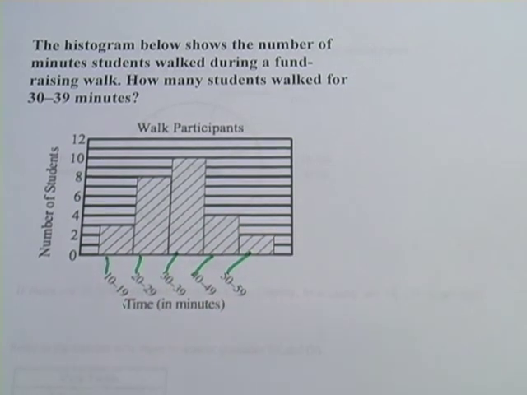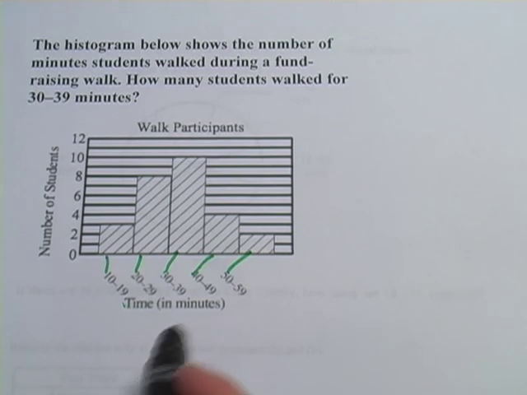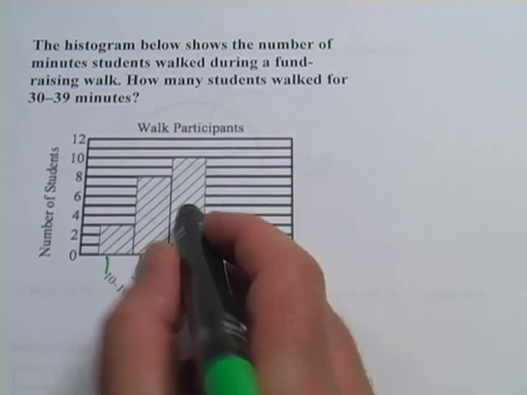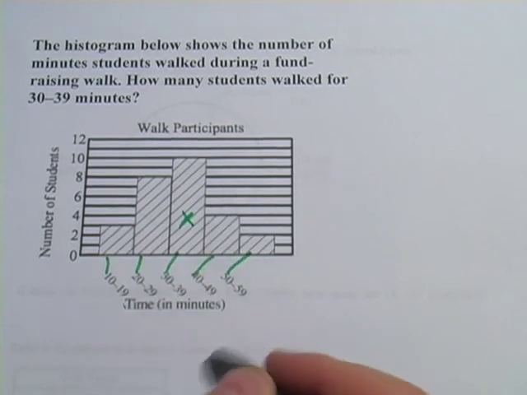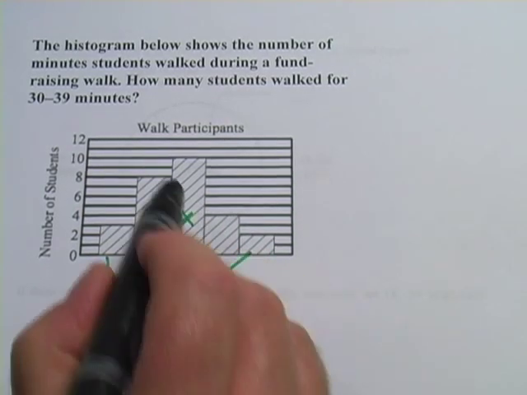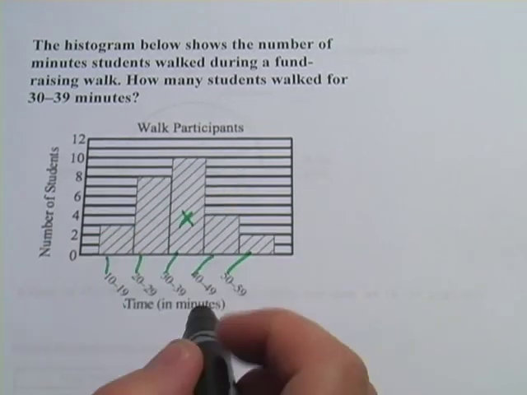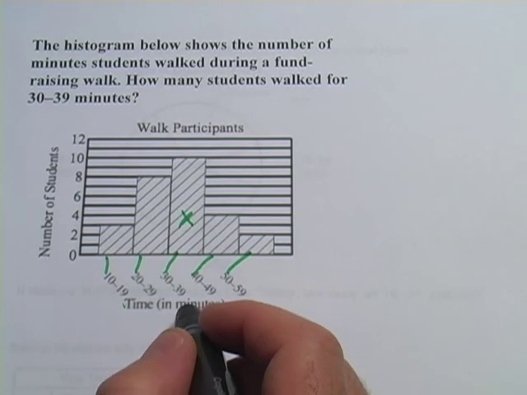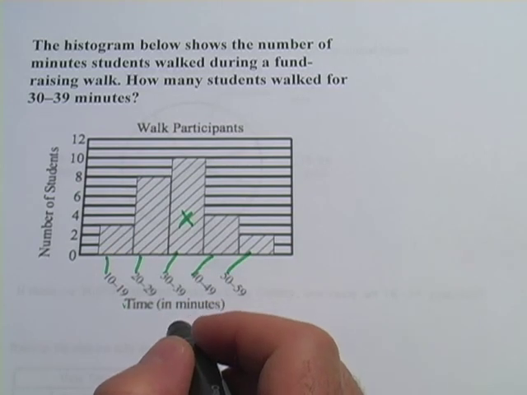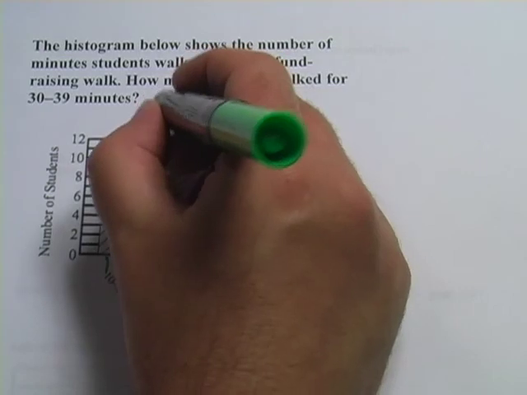Okay, there we go. That legend is just a little bit confusing, so I wanted to straighten that out first. So this is the 30 to 39 category right here. It's the tallest one, and it goes up to, well, it looks like 10. So 10 students walked for 30 to 39 minutes. So that's the answer to that one.